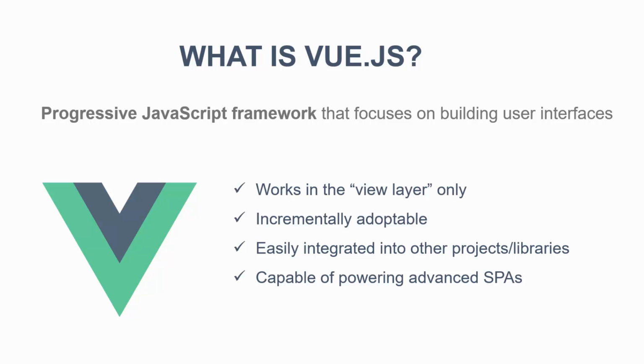It was designed from the ground up to be incrementally adoptable, and this makes it very easy to integrate into existing projects and libraries. But at the same time, it's powerful enough to create advanced single-page applications, or SPAs. And these are applications that dynamically update the page as the user reacts to the app. Alright, there's also a vue-router that can be used, which we'll get into a little later.